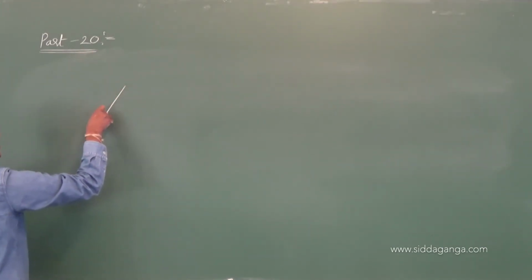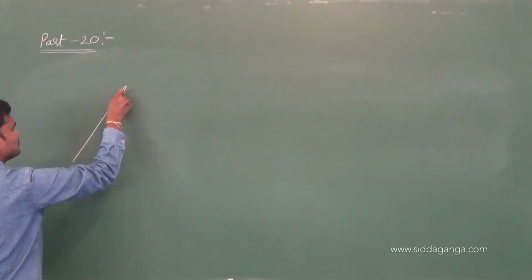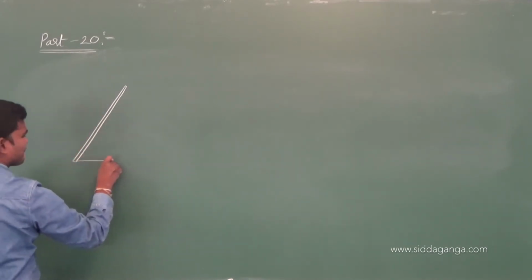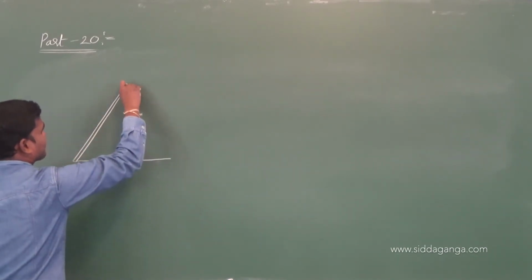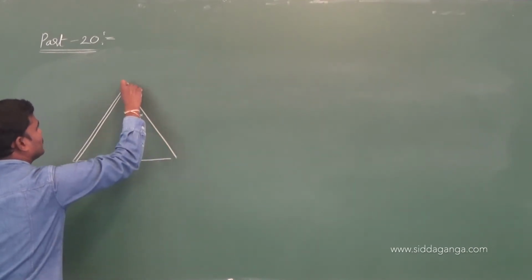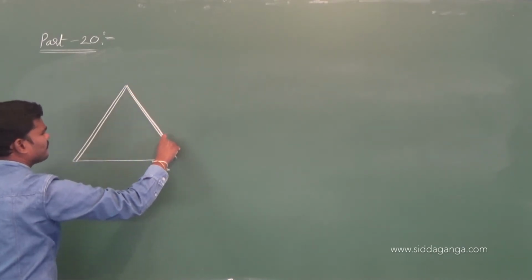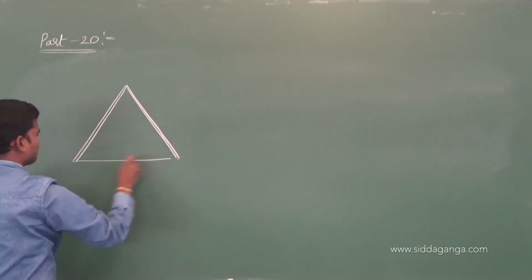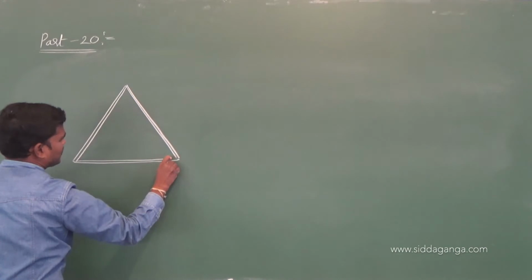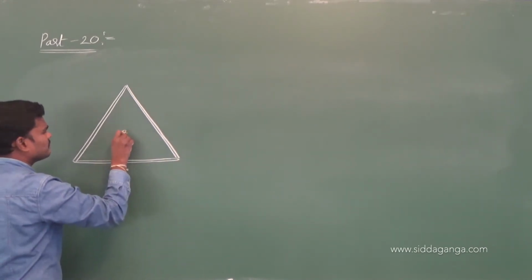They have given this is a rod, 3 identical rods. They are joined to form an equilateral triangle because they are identical. They are asking to find the moment of inertia about this centroid.